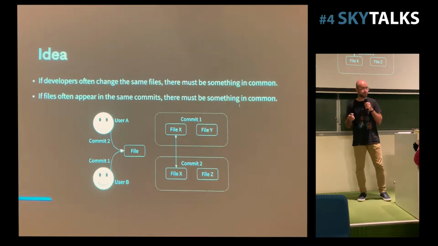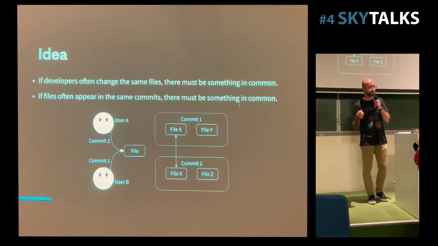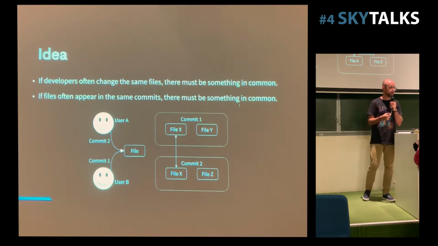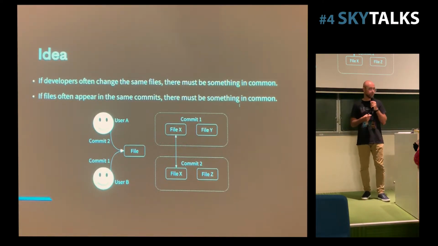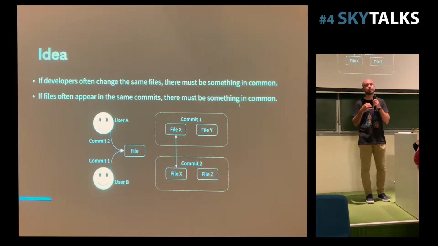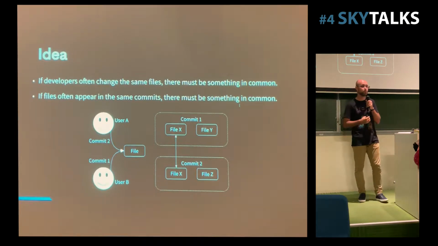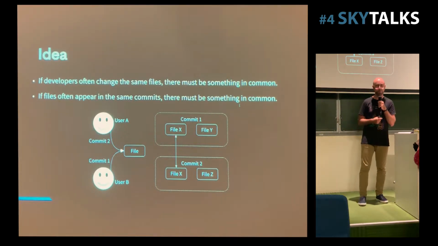And you can kind of invert it and look at it as commit to file. You say that if a group of files often appear together in a commit, then these files have something in common. They are coupled. The most obvious example of that is when you have tests.